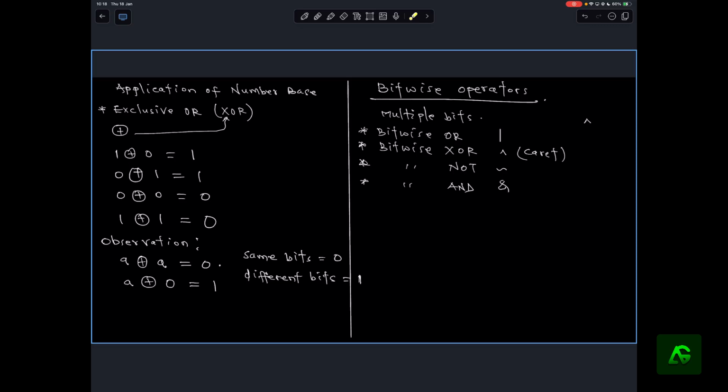We are going to check it out to see how this works.